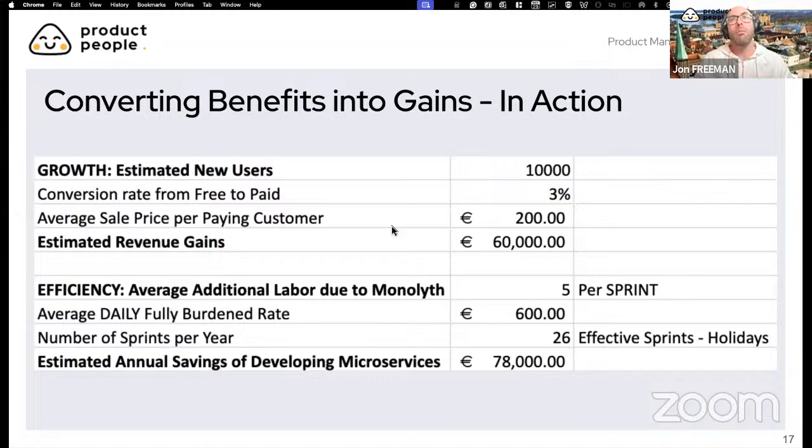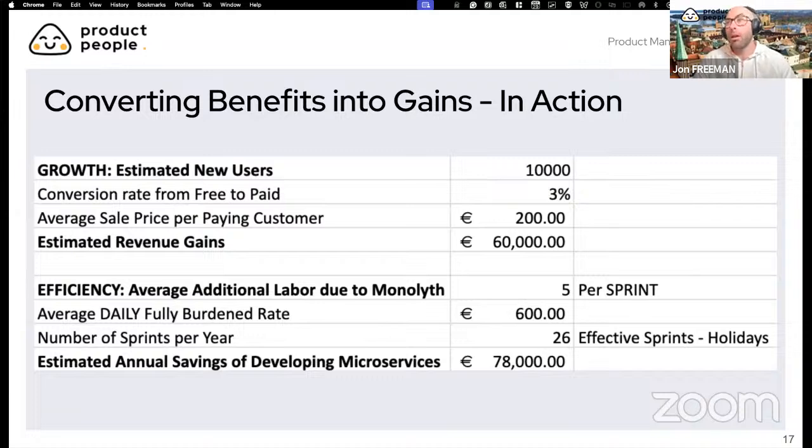Look, imagine that you've got a monolithic tech stack structure and you want to break it out into microservices, but your CTO, your CPO, they're saying, I can't justify this. There's no revenue gain. Well, maybe there's a savings gain. If you think about the additional labor that has to be allocated to that tech stack to maintain it or to deal with the breakages when you have some code that didn't make it through the stack appropriately.